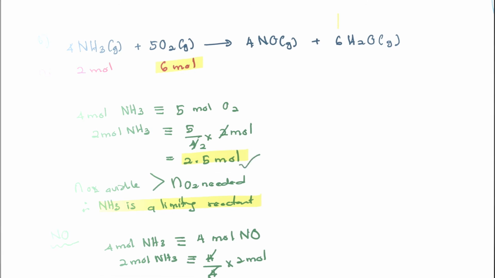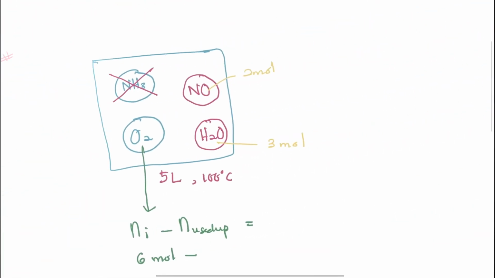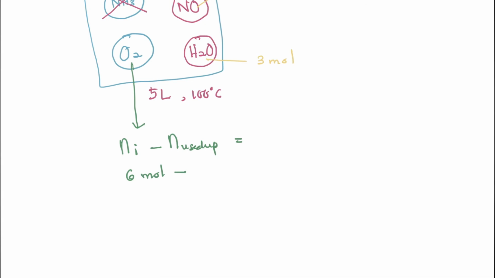So 6 minus 2.5 mole becomes 3.5 mole. So for oxygen, 3.5 mole. So what is the total number of mole in the tank now? It is the sum of mole oxygen, mole nitrogen monoxide, and mole water.